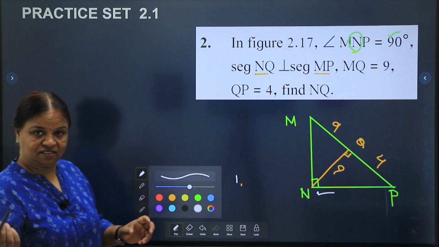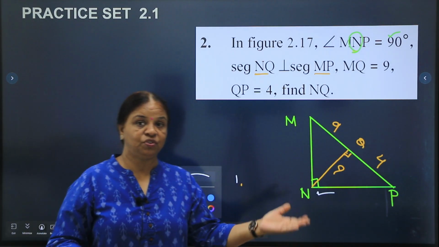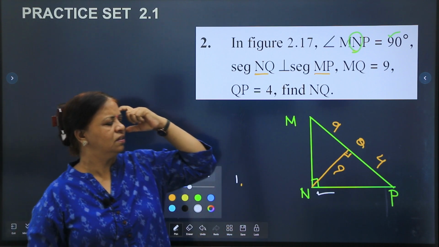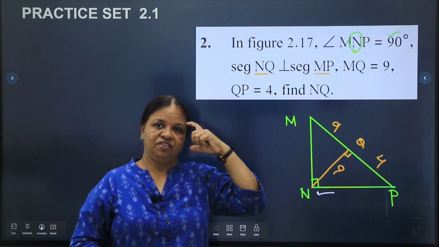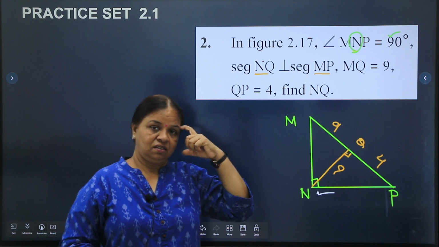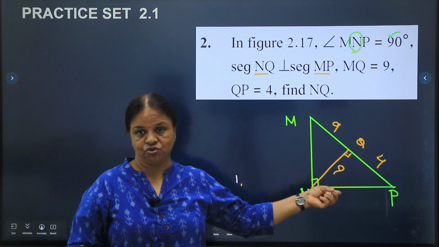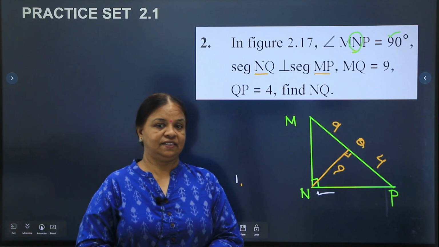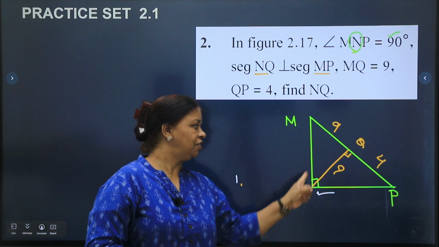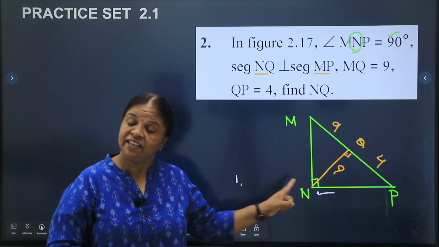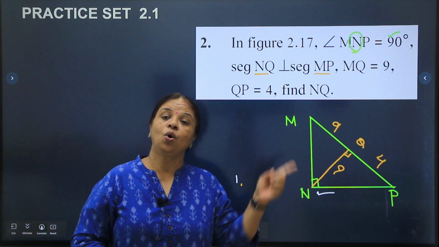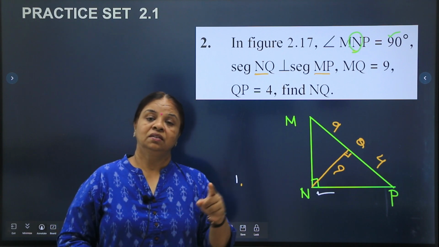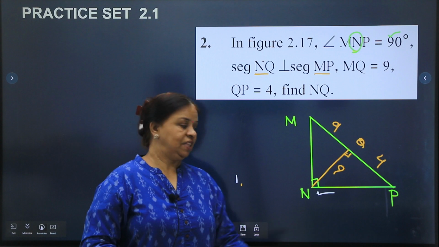We can use, in the video previous to this, number 5, we have done examples based on such questions, and that is the geometric mean theorem. If you draw a perpendicular from the 90 degree vertex on the hypotenuse, you can use the geometric mean theorem.